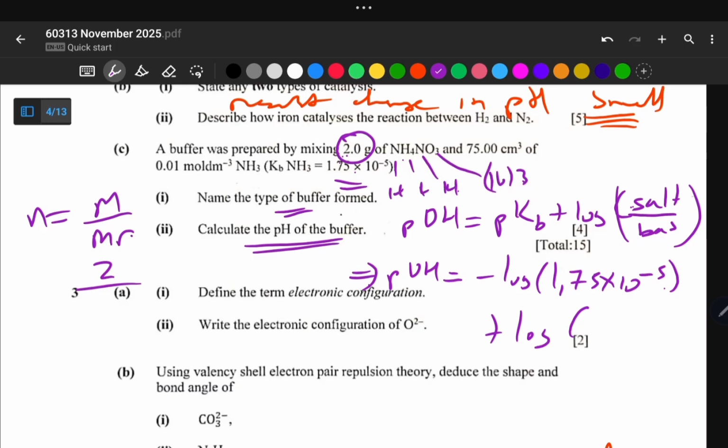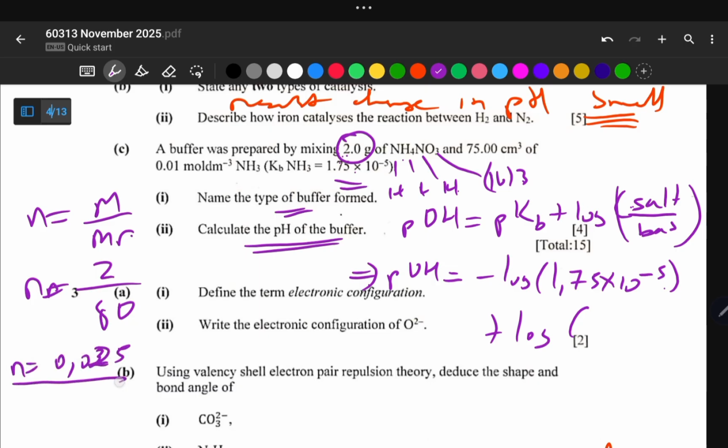We punch this into our calculator, 16 by 3 plus 14 plus 14 plus 4, and then we get 80, right? So n is equal to 2 divided by 80, and n is equal to 0.025.